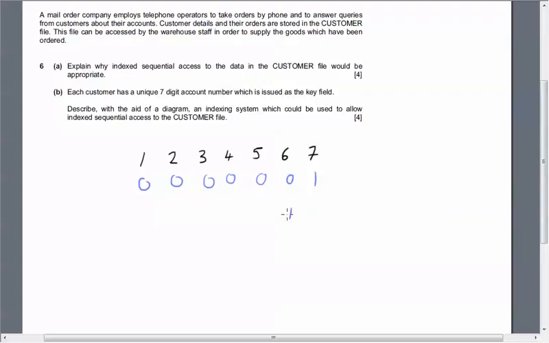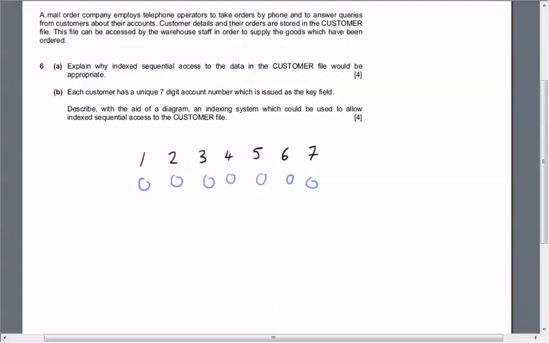But we wish to have some sort of system for indexing, and we're supposed to illustrate that. What do I mean by that?